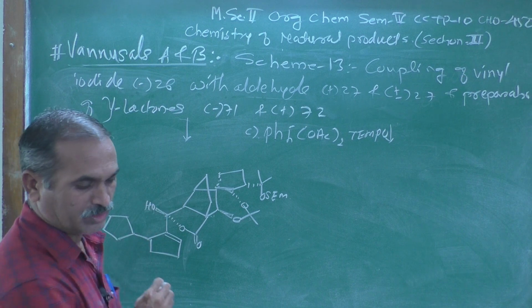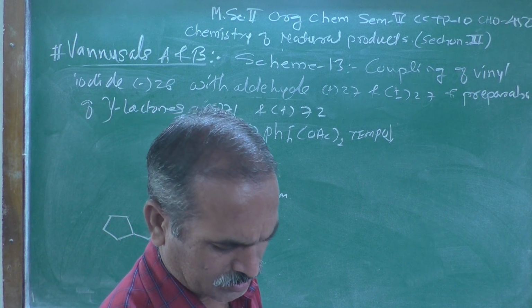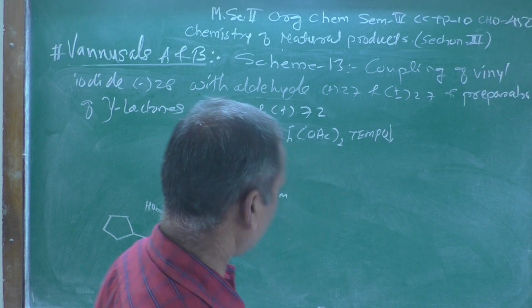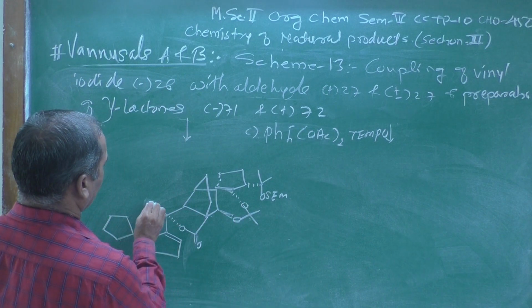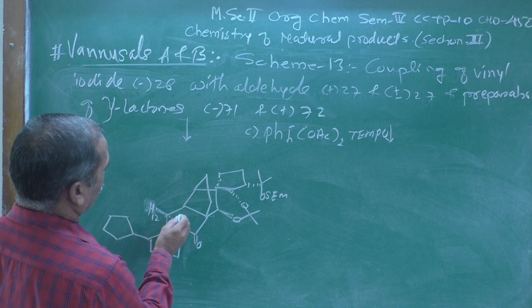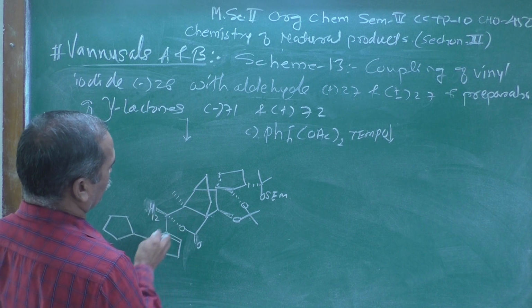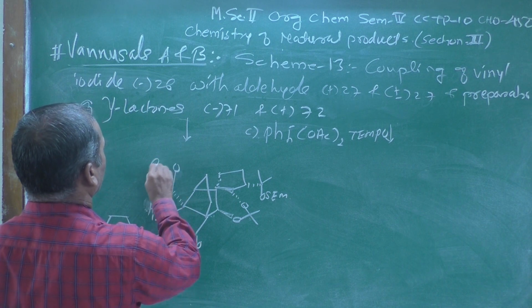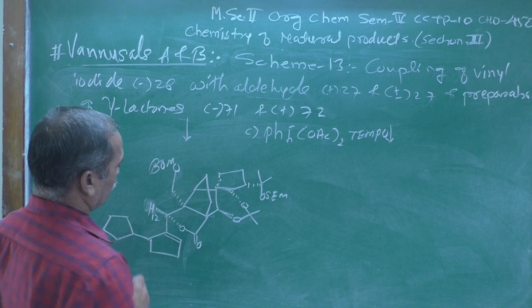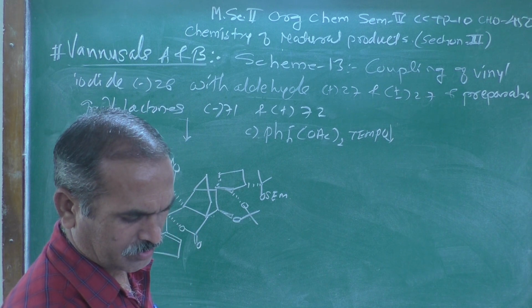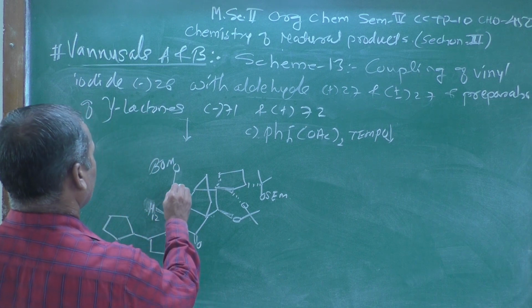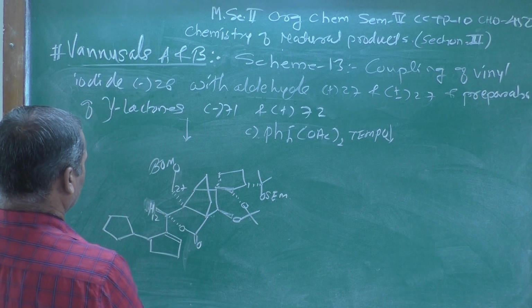there is a hydroxyl group that should be below the plane, not this one, only hydrogen atoms are there, H12. Now here the group O-BOM, that is 27, 12.